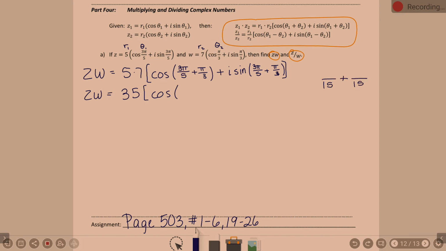If you can do it in your head, great. 5 times 3 is 15, so 3 pi times 3 is 9 pi. 3 times 5 is 15, so pi times 5 is 5 pi, so 9 pi over 15 plus 5 pi over 15. So this is cosine of 14 pi over 15 plus I times sine of 14 pi over 15.